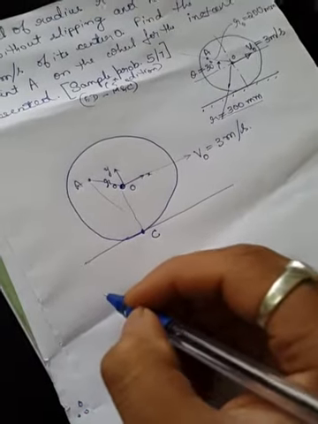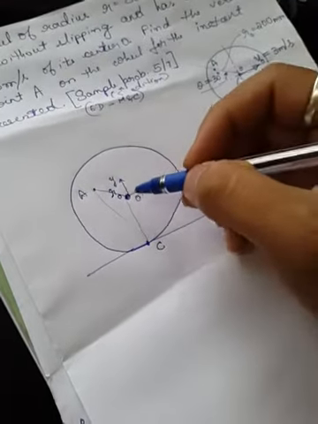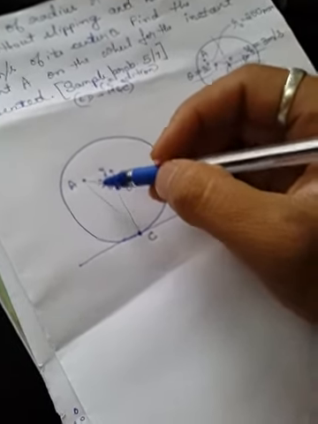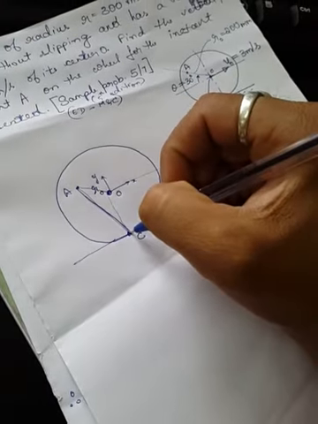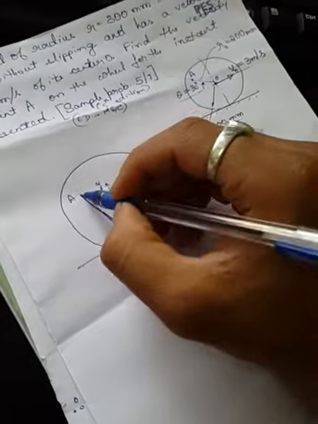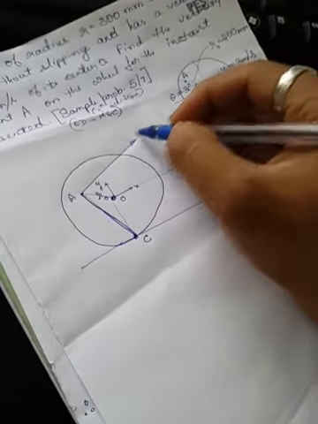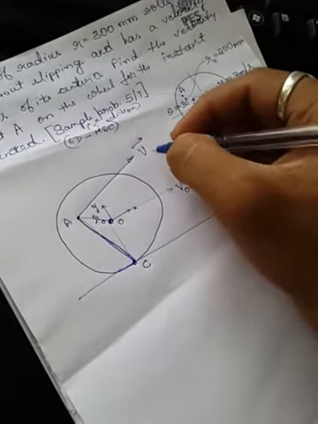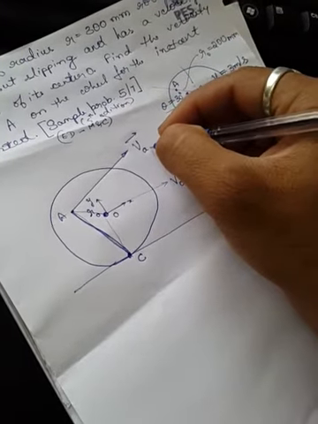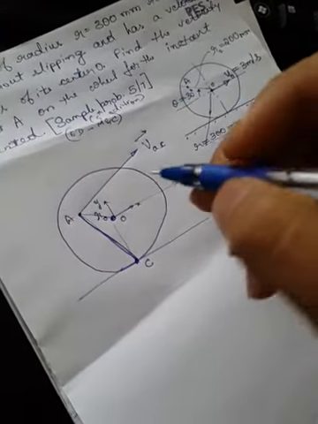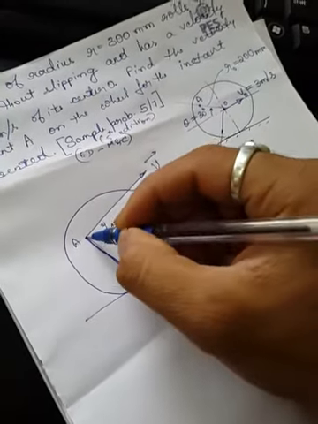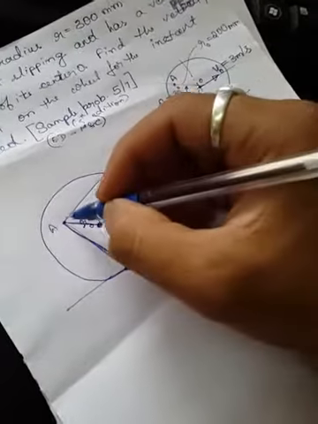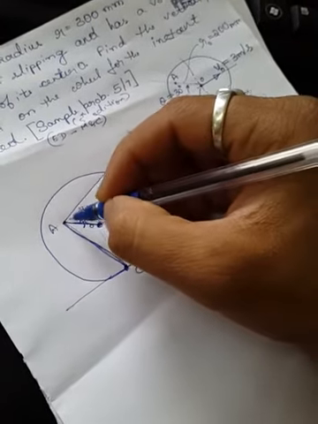The velocity of A will be perpendicular to AC, that is velocity vector A about C. In the same way, we also have the velocity vector A with respect to O, which will be perpendicular to AO.